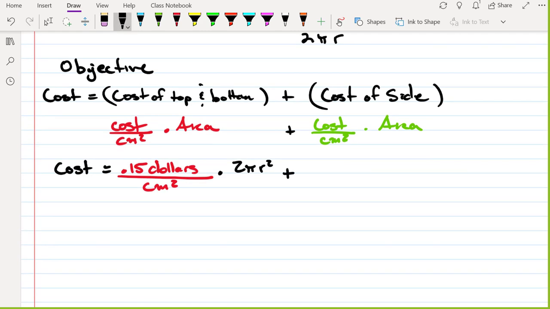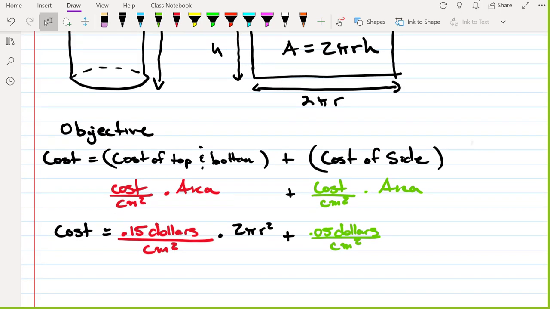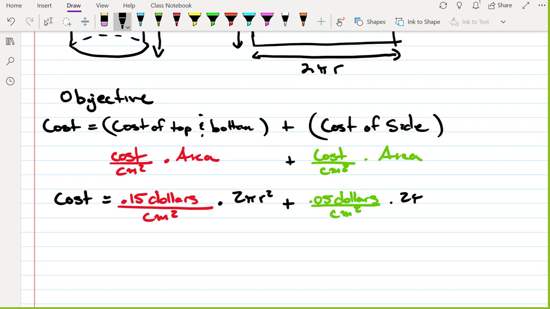Plus our cost per centimeter for the side is 5 cents, so $0.05 per square centimeter times the area of the side, which is 2 pi times r times h.